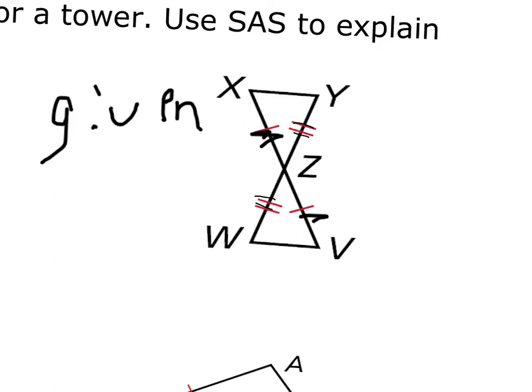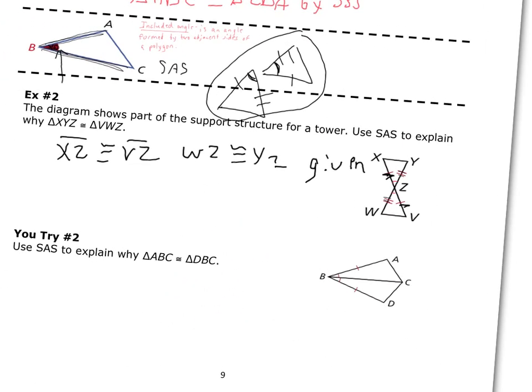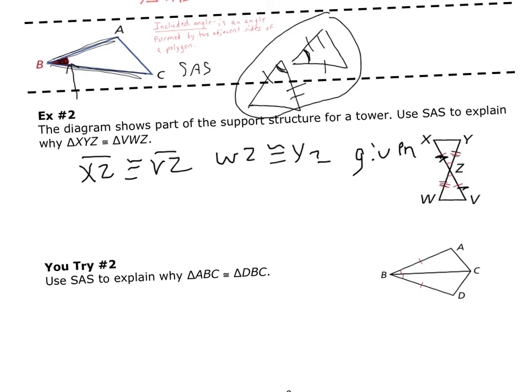Well, how are we going to find it? We can see right here on this triangle that these two angles are going to be congruent, and they are in between our two sets of congruent sides for both triangles. But why are they congruent? Well, we can say that angle XZY, this guy, is congruent to angle VZW, this guy, because they are vertical angles.